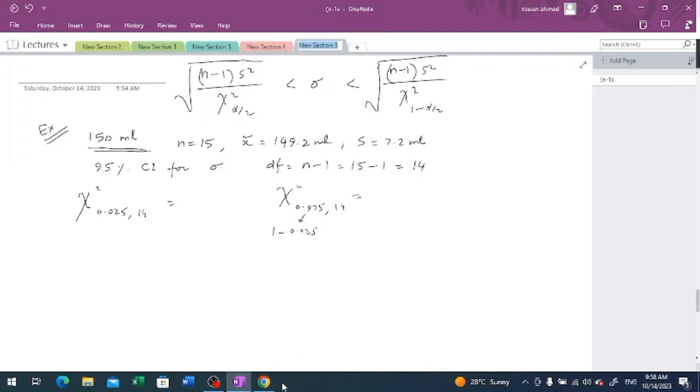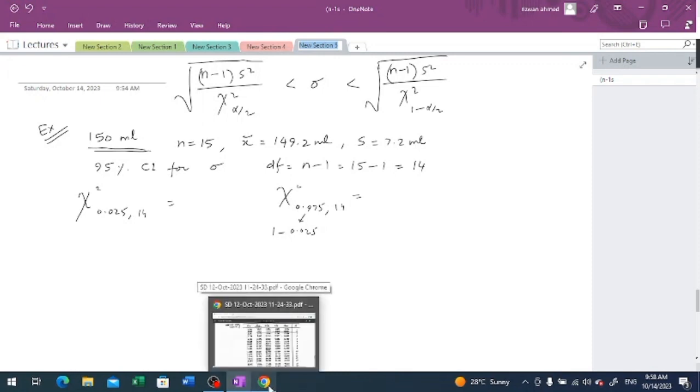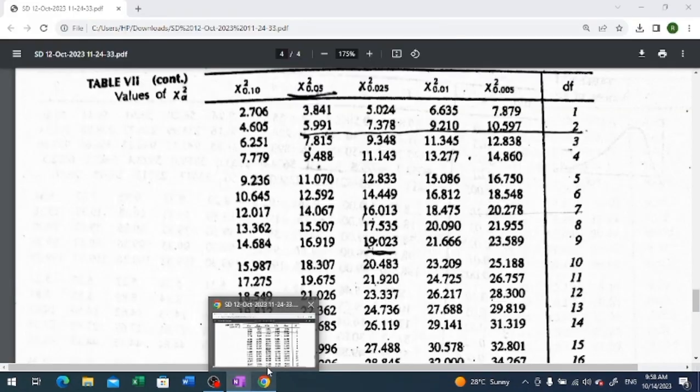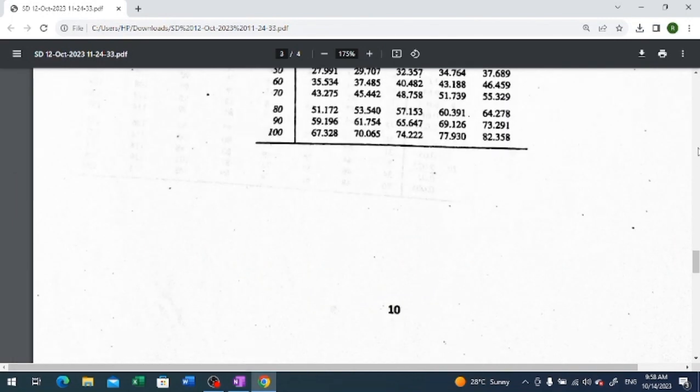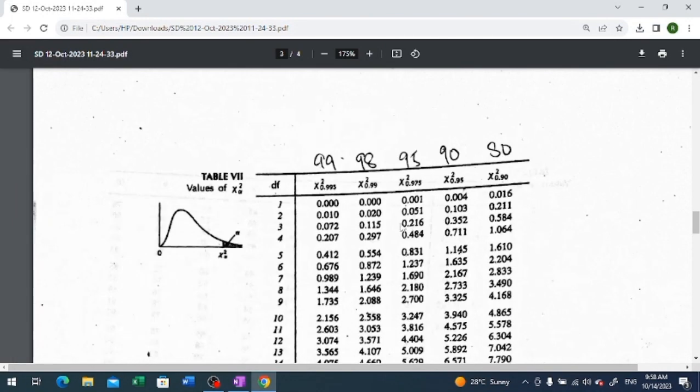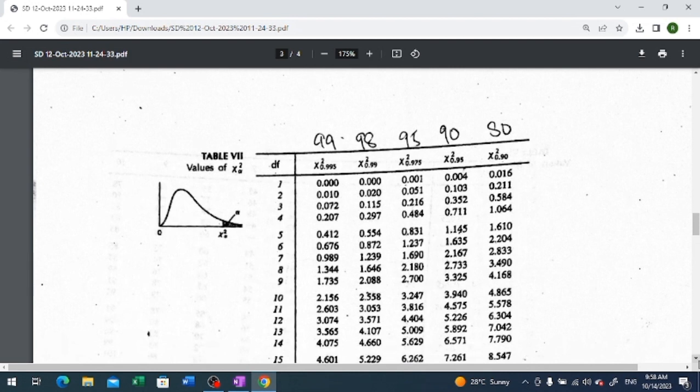We go to the chi-square table and note down the value. So this is page number 1. The 0.975 column is the middlemost column in this table. We go to the 14 degrees of freedom and go to this 0.975 value. So the chi-square value is 5.629. We note it down.